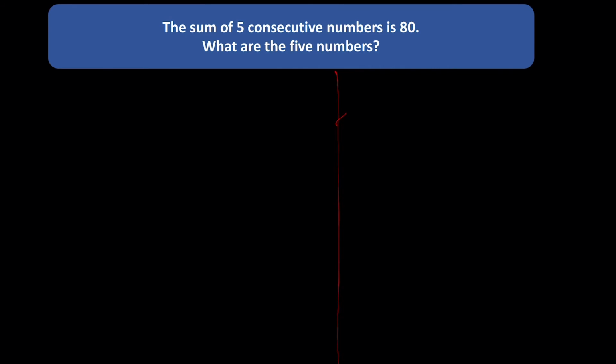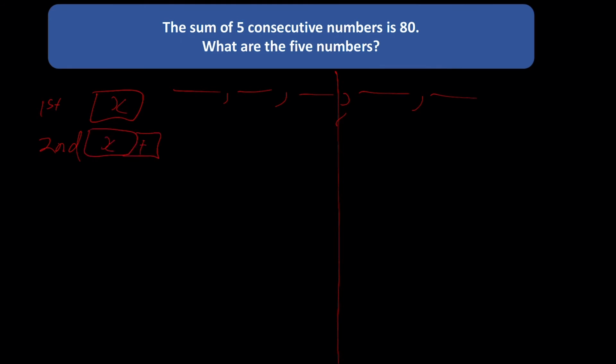All right, here's my answers here. 1, 2, 3, 4, 5. Those are going to be my answers. My first number I'm setting to x. My second number, okay, thinking about that number line, it would be the next number, so I would add 1.